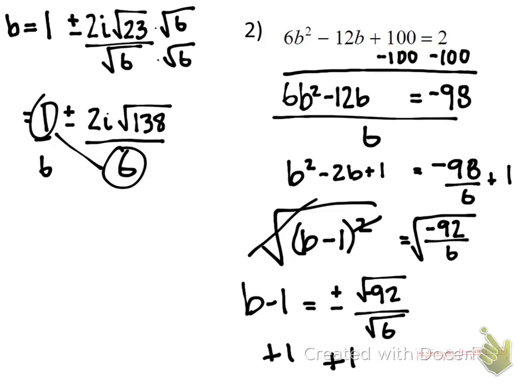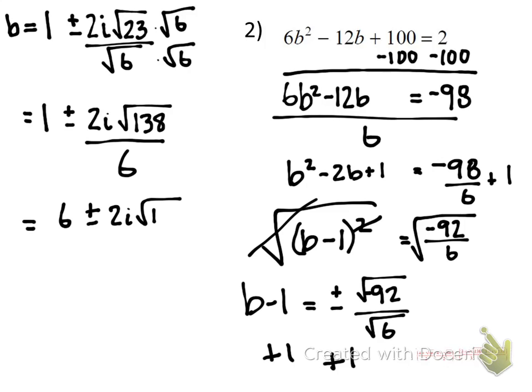Okay, so I'm going to erase those marks here. So what we're going to do is make it equal to 6 plus or minus 2i rad 138, all of it over 6. And we could simplify.